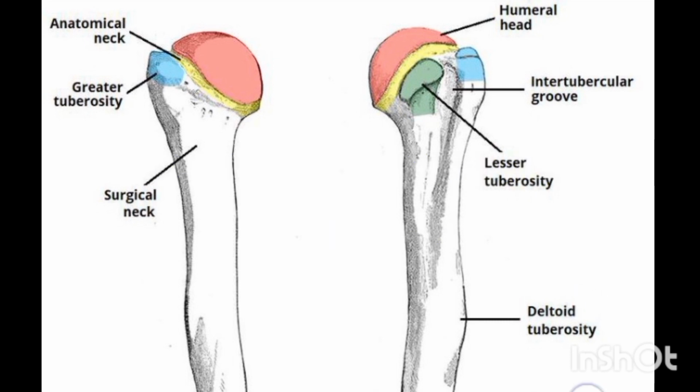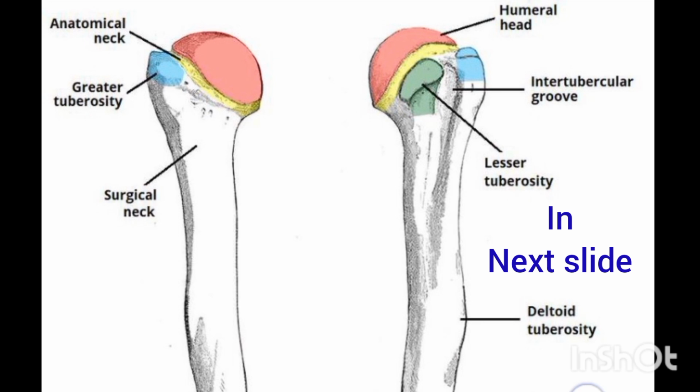You can see the transverse humeral ligament bridging the bicipital groove and lodging the long head of your biceps brachii muscle.